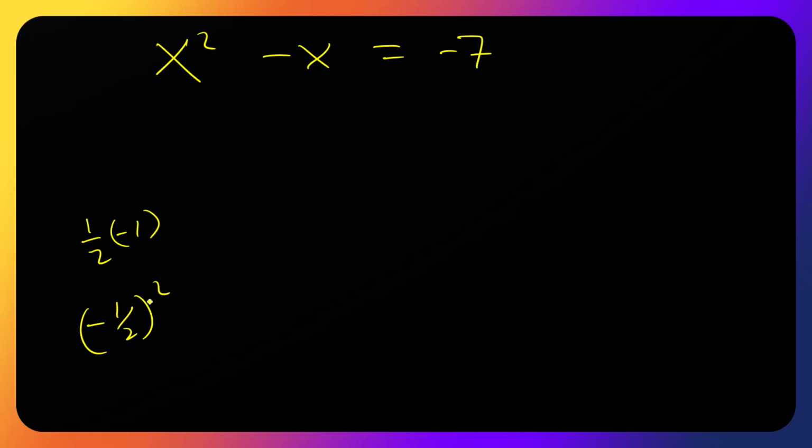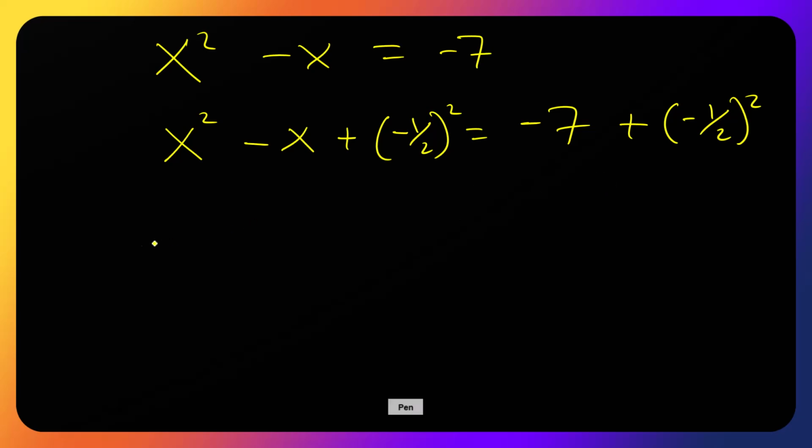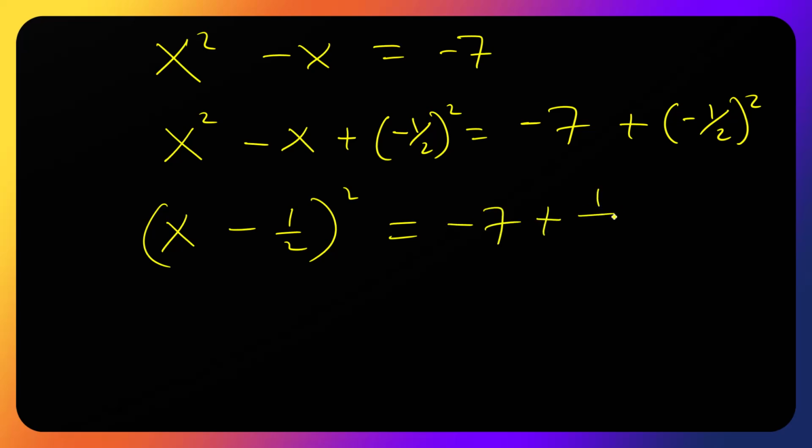Okay, so let's add it to both sides of the equation. Minus 7 plus minus half squared. Okay, so from here, we find the same as x minus half squared equals minus 7 plus 1 over 4.